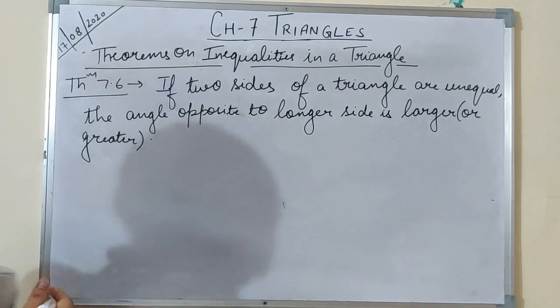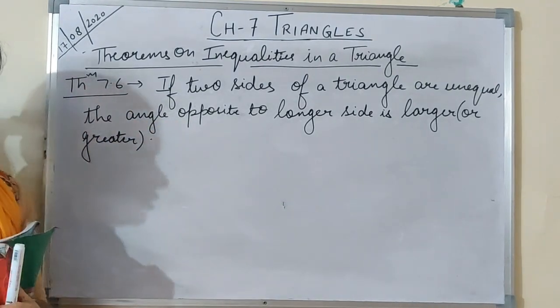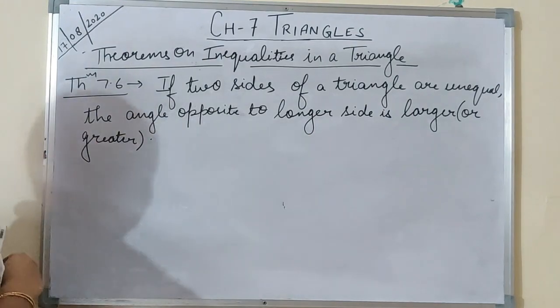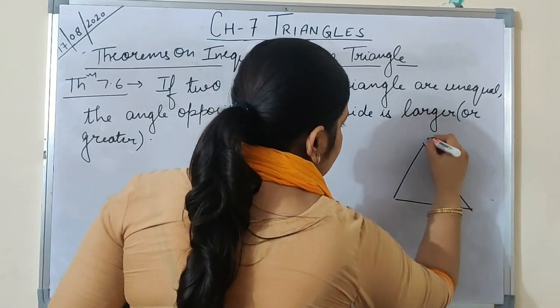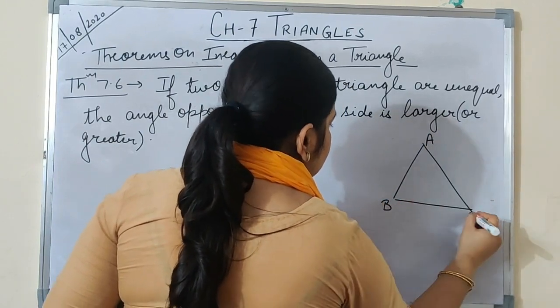This we have to prove. We are doing just the result for this. So I'm just drawing a triangle over here, named ABC.